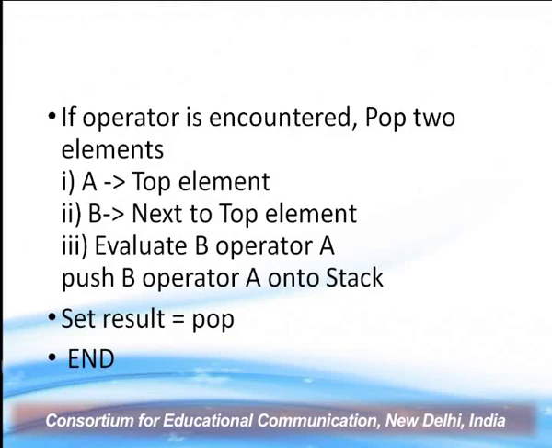Either we will be having an operand or we will be having an operator. If it is an operand, we just need to push it, and if it is an operator, we need to pop the two elements and evaluate them by B operator A. Now, this is very important, it should be B operator A, it should not be A operator B.